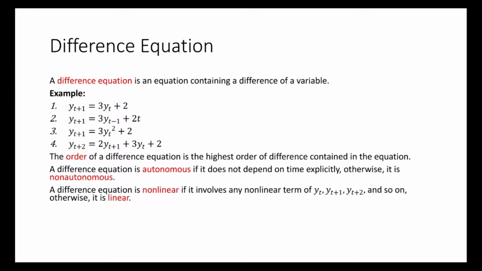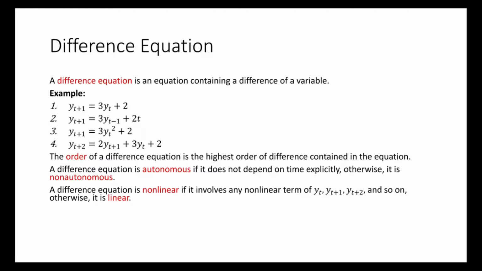Another notion is about linearity. A difference equation is nonlinear if it involves any nonlinear term of yt plus 1, yt plus 2, or any variables of y. Otherwise, we call it linear.